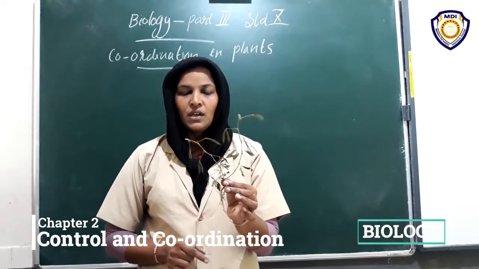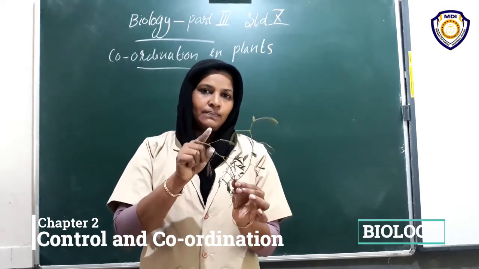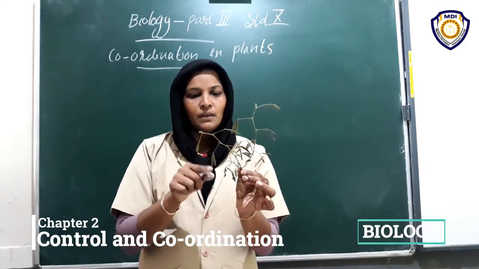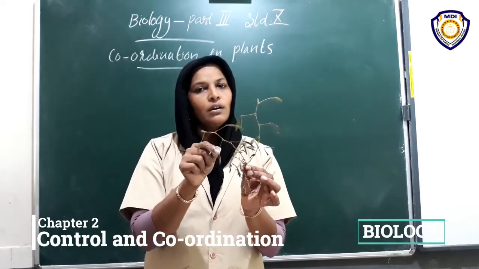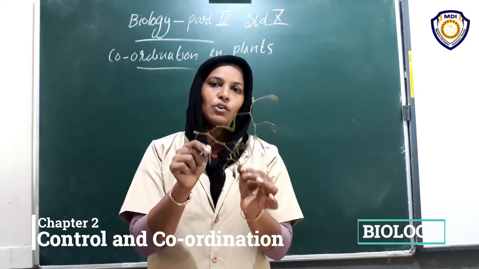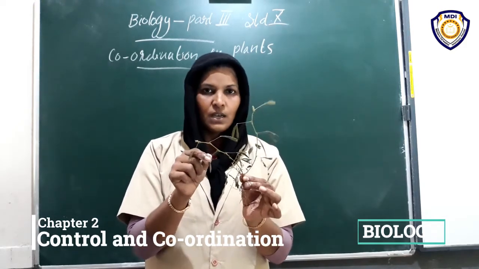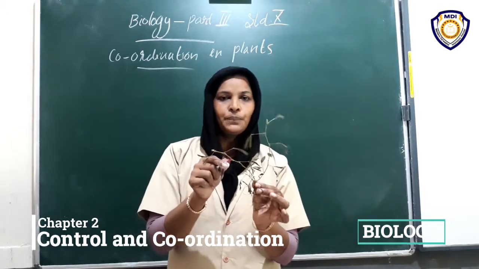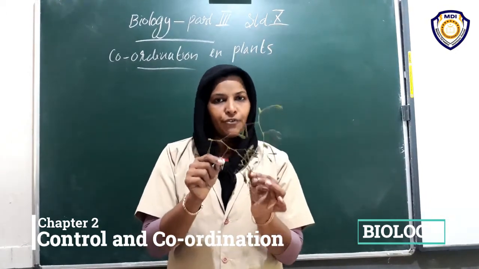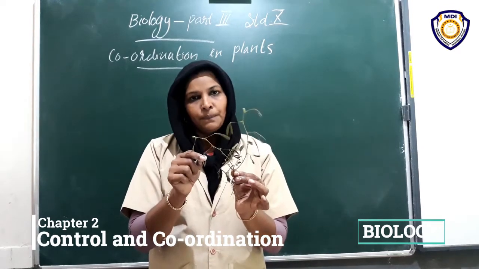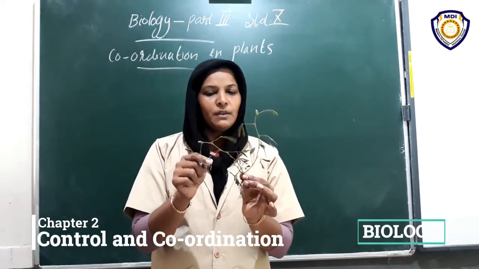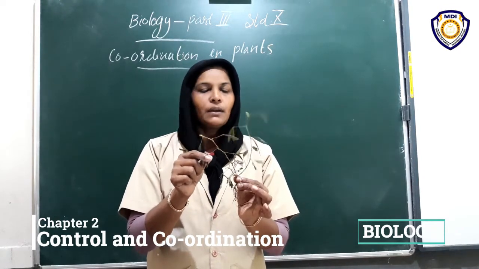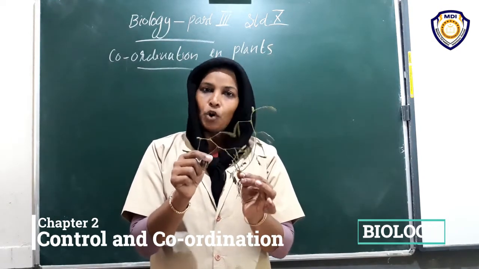You know that. If we touch any part of the plant body, if I touch here, the whole body of the plant shows its responses. Because the point of touch is different from the point of movement. That means the movements of the plants are different from the point of touch.